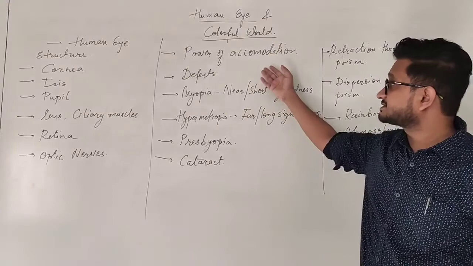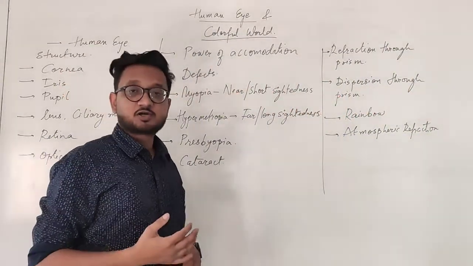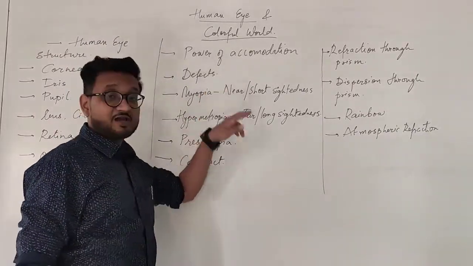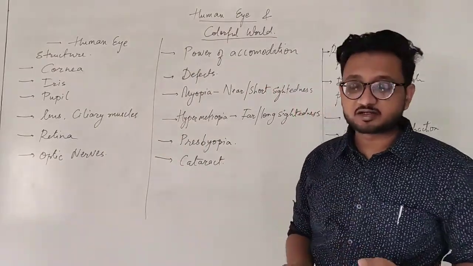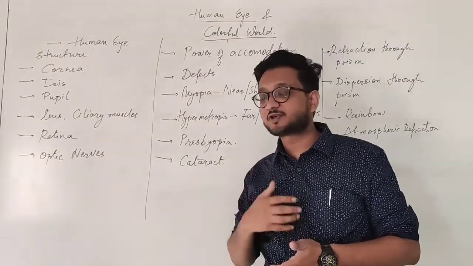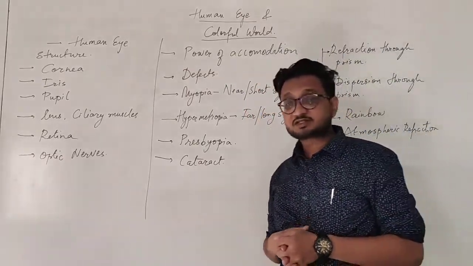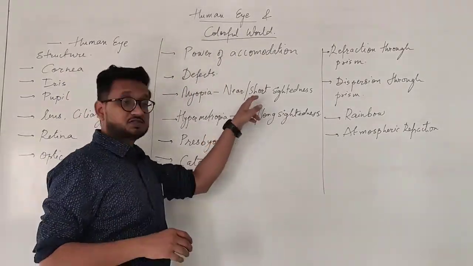Now, sometimes this power of accommodation has certain problems due to age or natural defects, and because of this, our eyeball or our vision develops defects, and because of this, we are not able to see the object clearly. And these defects are myopia, which is near or short-sightedness.